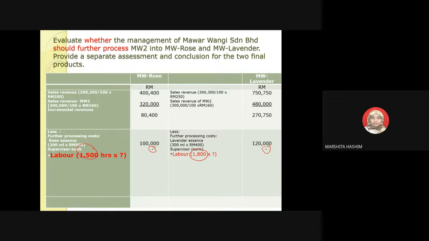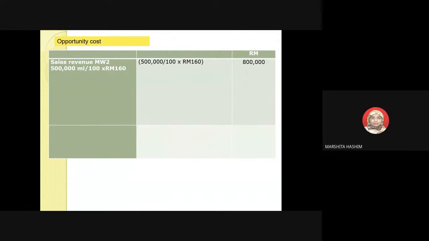We multiply by opportunity cost. Opportunity cost in this case means the benefit that we forgo. We need to let go of the benefit if we cannot sell MW2. So you calculate contribution margin for MW2.